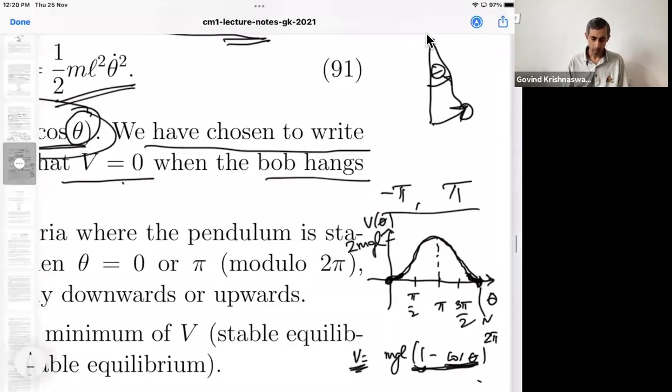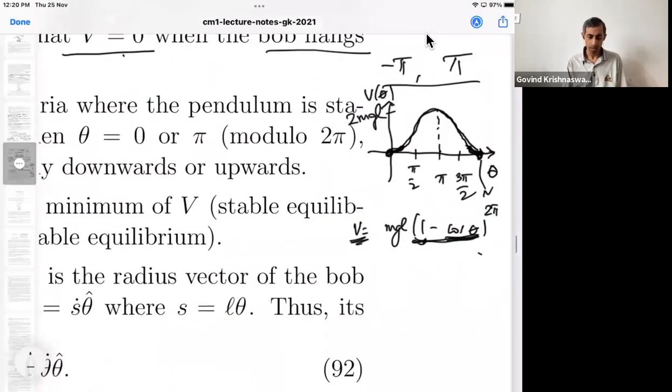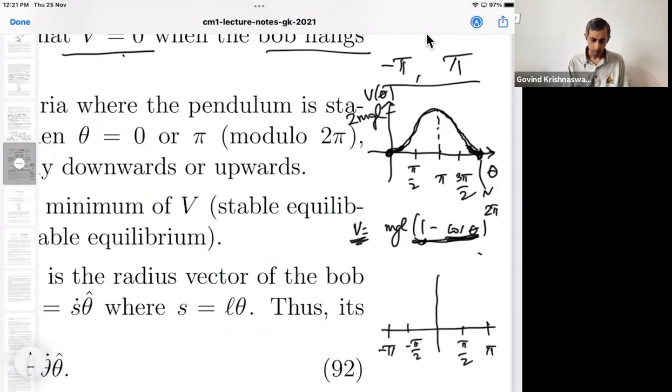I mean, this is a nice drawing, but so would the drawing with minus pi to pi also be nice. Let me draw that also. There are some advantages to that, because then you will see, this is V of theta. This is 2 mgl.